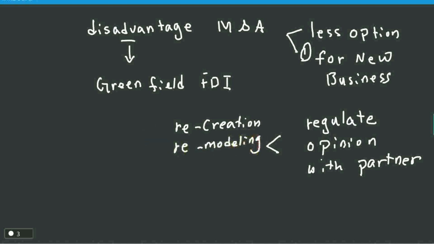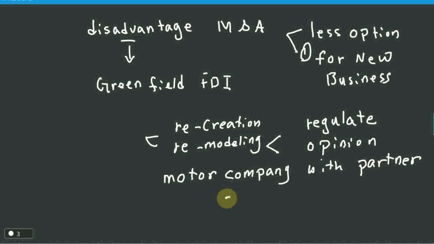In this case, for example, if you merged a motor company, and if this motor company is monopolistically involved in sedans, just a car, sedan, right?